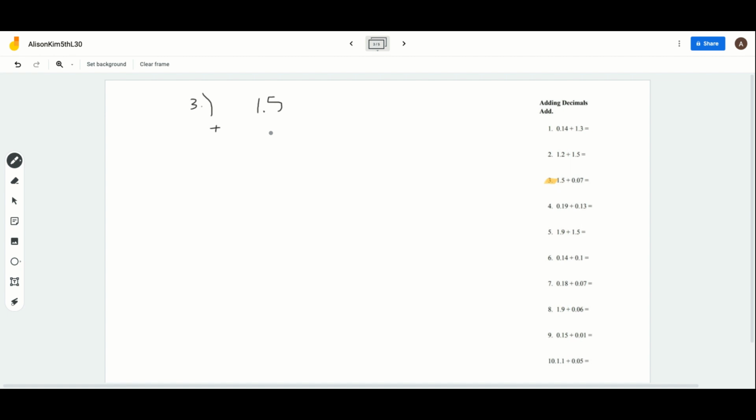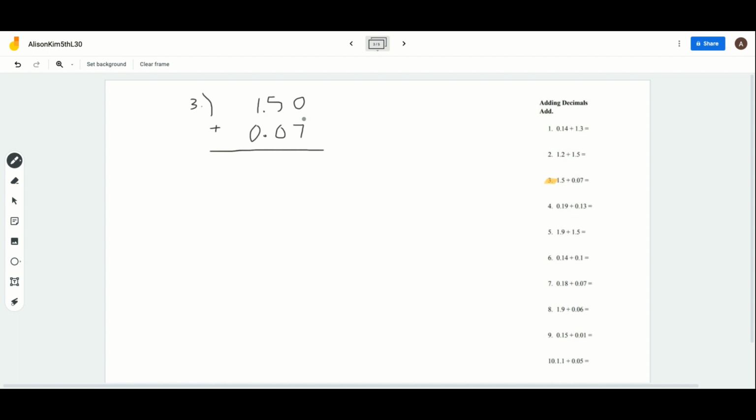So since the decimal point is in 0.07, we see that the decimals right here line up, and we see that the 5 and 0 line up, and we're just going to add them. And we see here there's a blank space, so we're just going to assume that it's a 0, and then we're going to add.